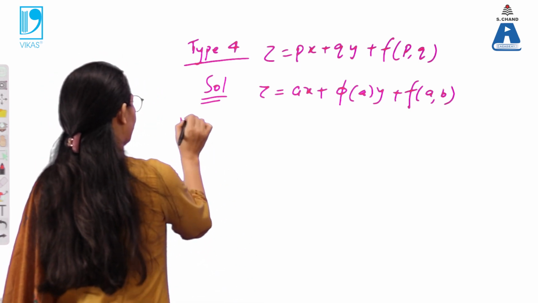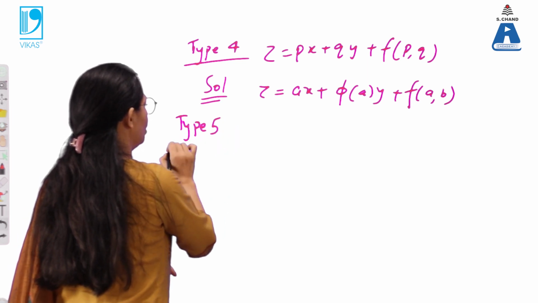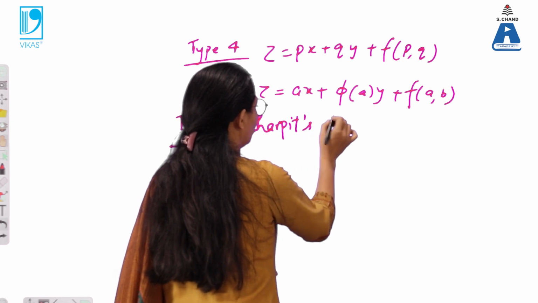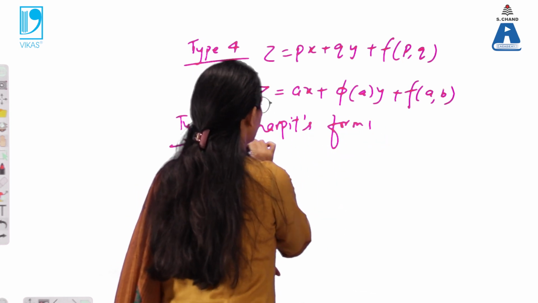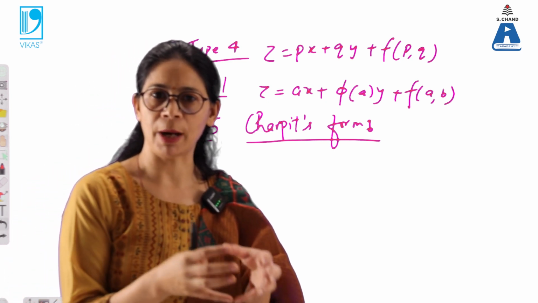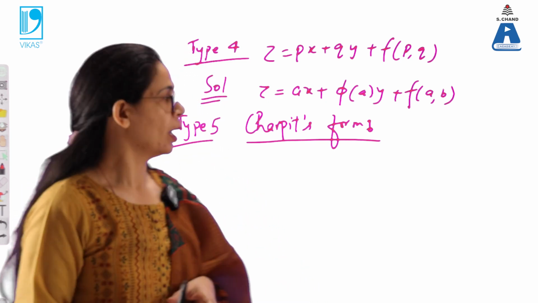Then type 5 is the Charpit's form. If we look at the first 4 forms, there is a set of rules which the partial differential equation must follow.